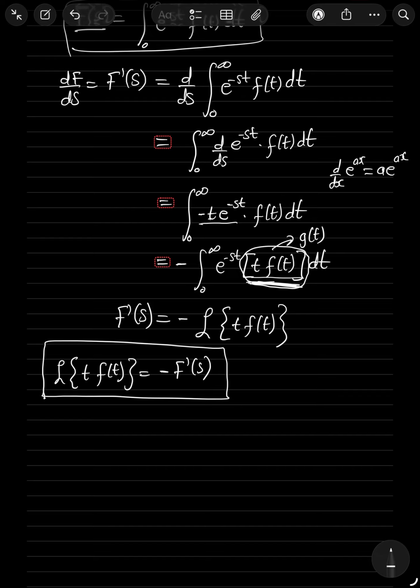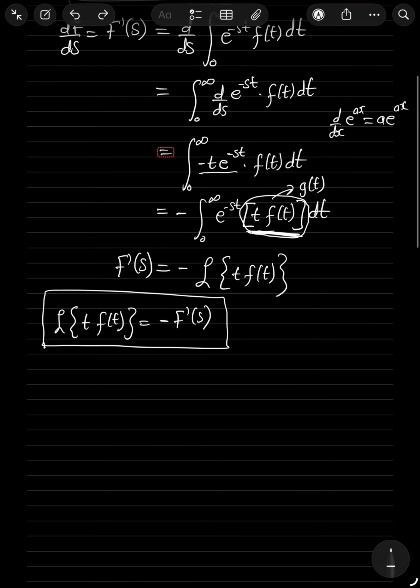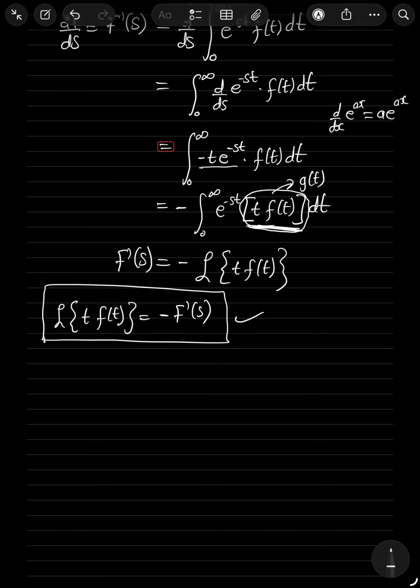From here you can recognize this as the Laplace transform, from the initial equation. So this is the same thing as the Laplace transform of our new function, which is t f(t). That's why we get this relationship. It's very important.